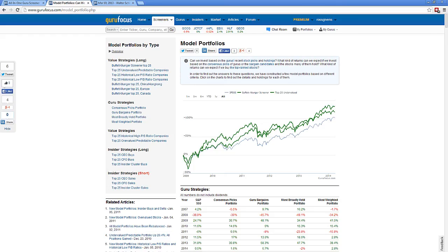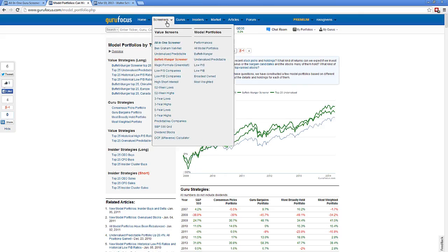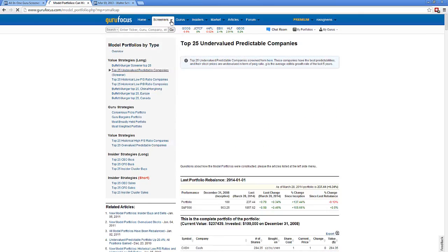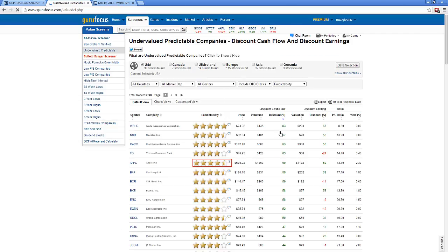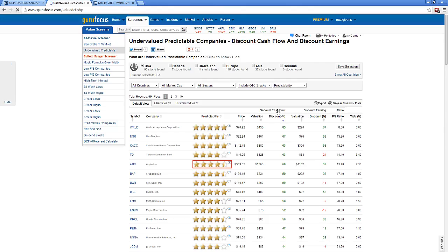Is it possible to create a list of companies sorted by DCF? Yeah, Rube, I believe you can in the undervalued section. So I showed you the screener for the undervalued predictables. Excuse me, I clicked the wrong thing here. There it is, undervalued predictable. Here you see it says discount cash flow.